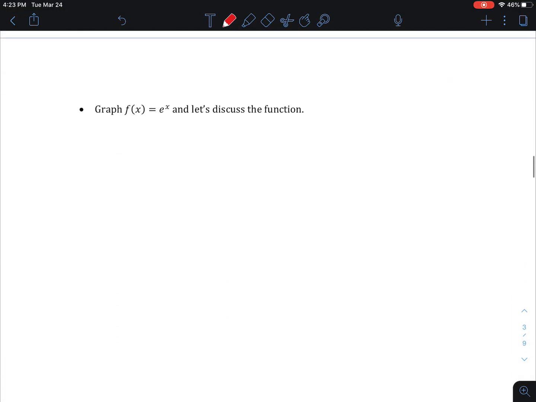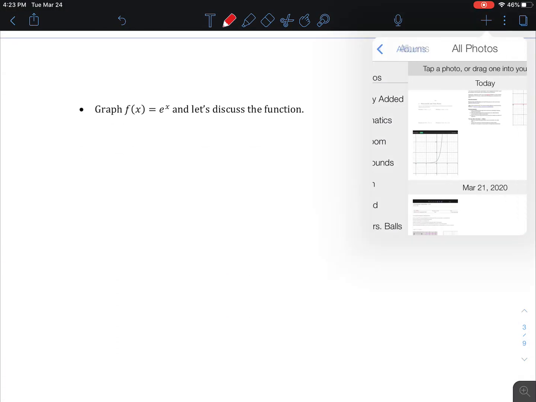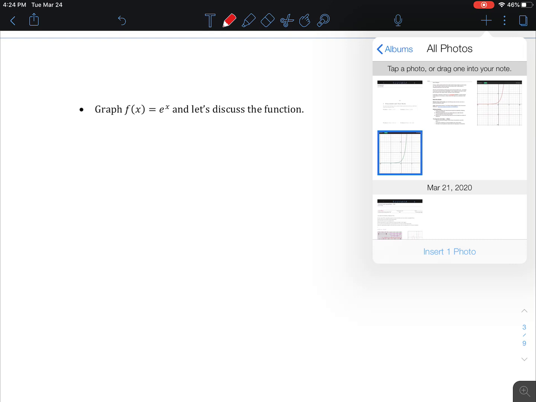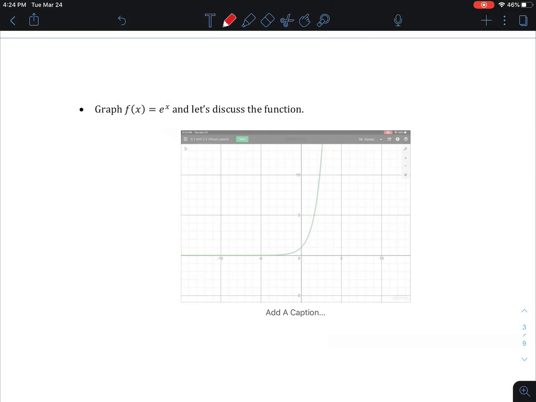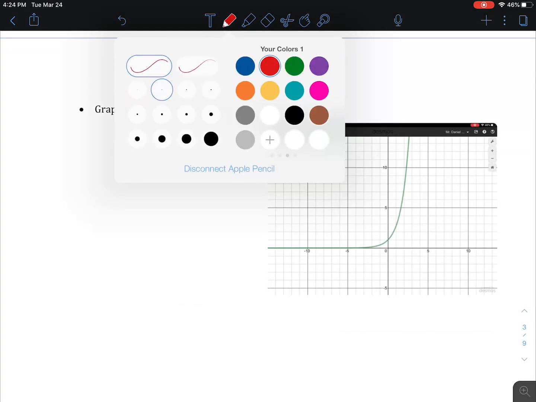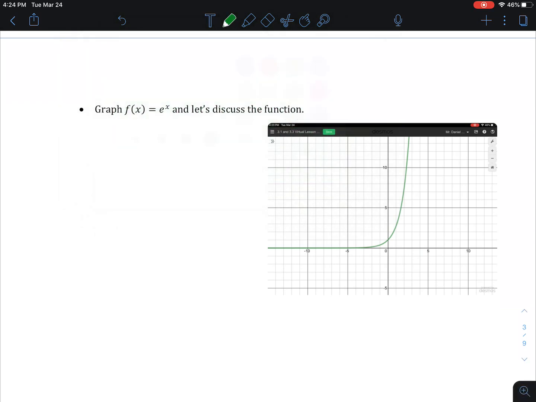It basically is just like your general form equation of b to the x, except this is with a very particular value. And what is that value? That value is 2.718. So it's just like b to the x with b equal to 2.718, and that's what we call e.